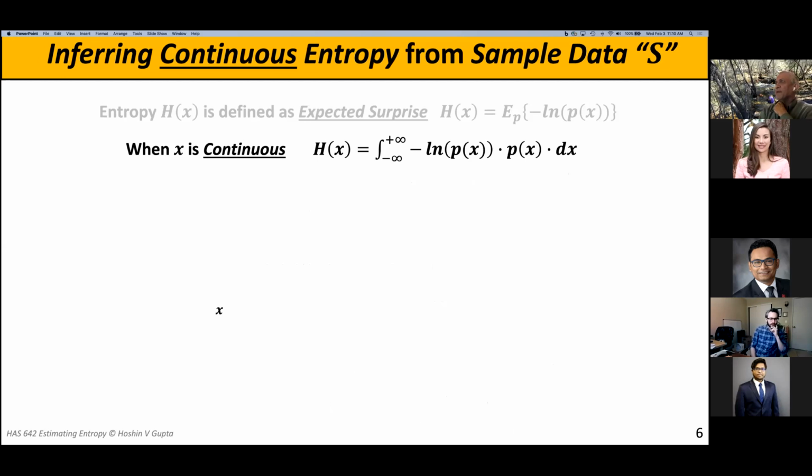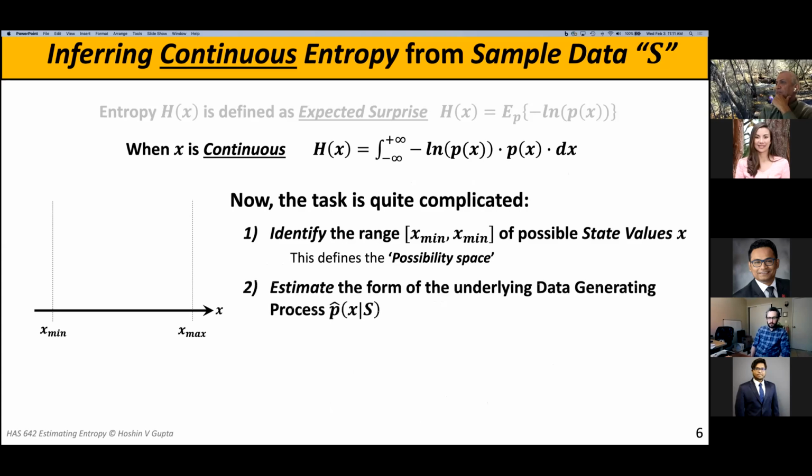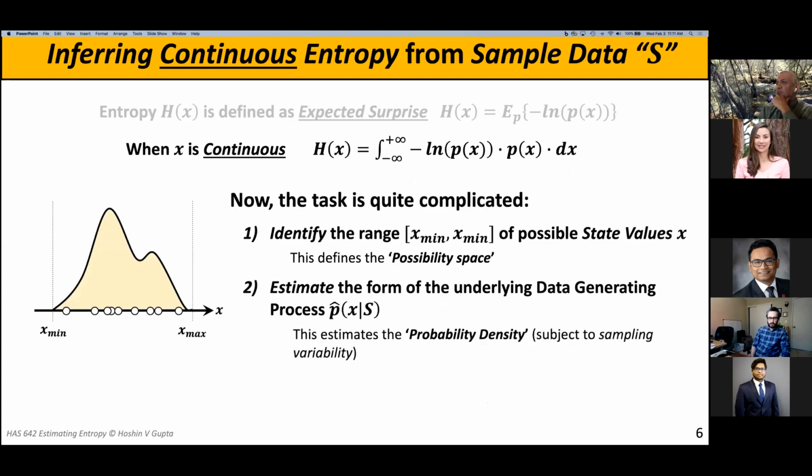When it's continuous, it gets more complicated because there are several things you have to do. You have to identify the range of possible state values. You might know this beforehand, in which case, no problem. But when you have data, you often don't. For streamflow, you might only know the minimum, 0. You might know the maximum, okay? You've got to estimate the form of the underlying data generating process. And then you need to plug those into the formula to calculate entropy.